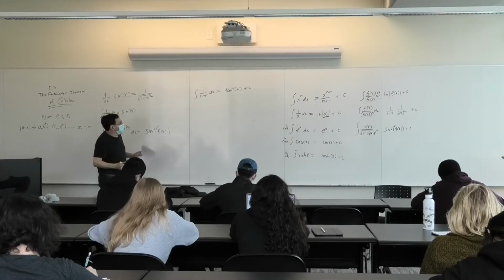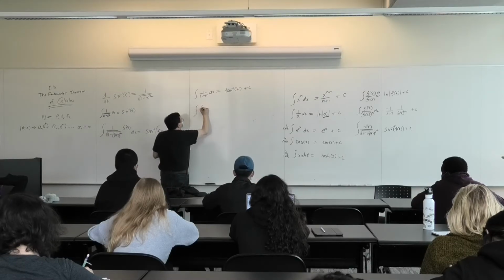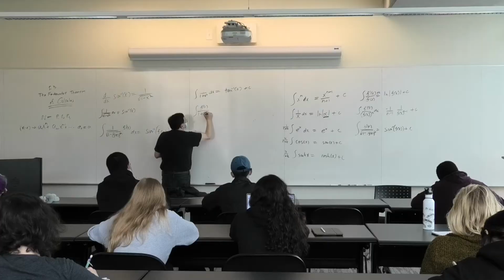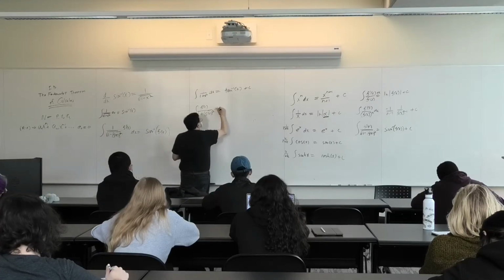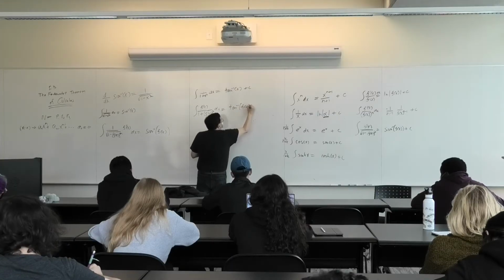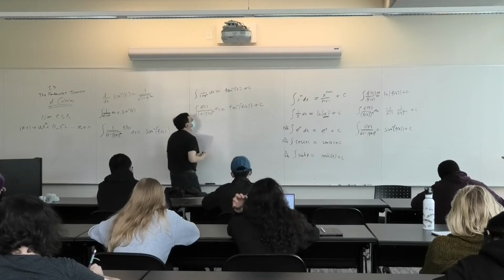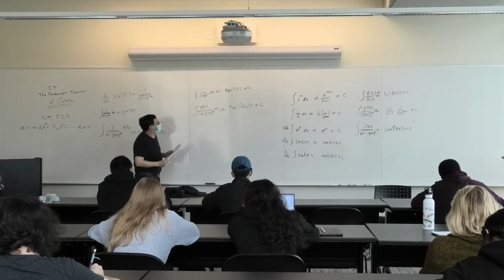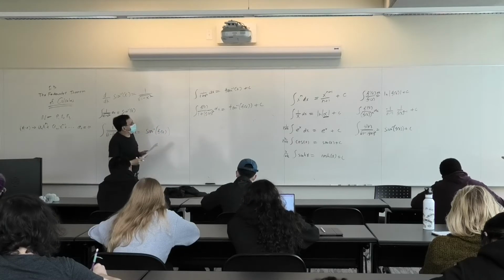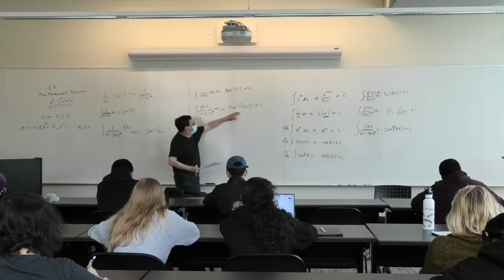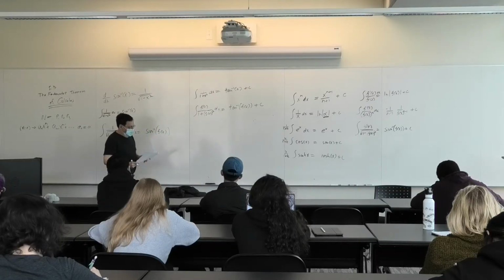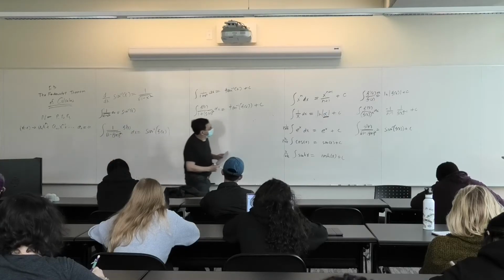Well, once again, that suggests the formula: the integral of f prime of x over 1 plus f of x squared is going to be the inverse tangent of f of x plus C. Again, if you just use the chain rule on this derivative, you end up here.